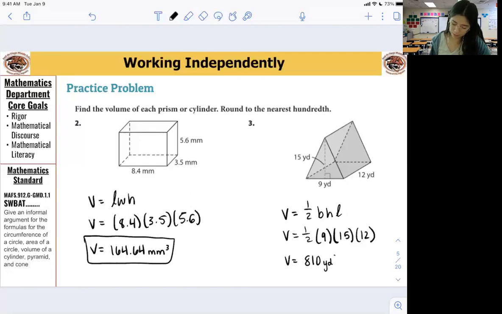Cubed, good. Yards cubed. So don't forget that you always need to end up with cubes as your units, or cubed yards. Yeah, either way. Questions? We good? Okay.